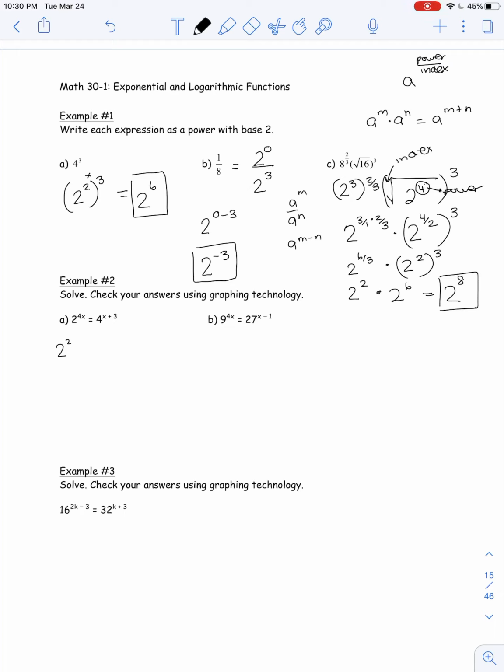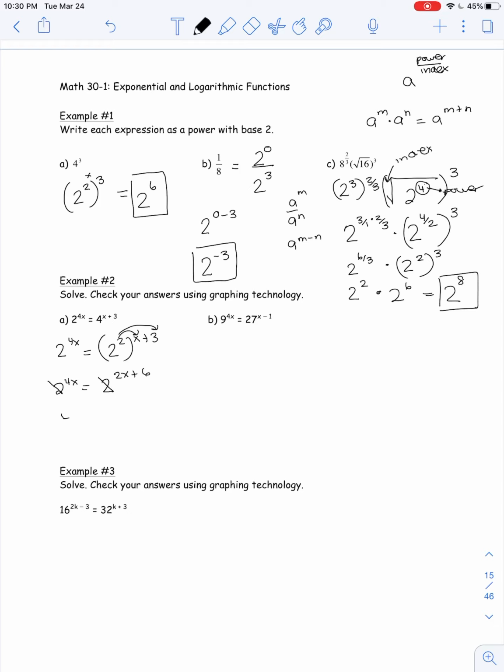So 2 to the power of 2, 2 is already the base that we need, so that stays the same, but the 4 will be 2 to the power of 2. x plus 3 goes outside of the bracket, then you're going to distribute that 2 to all the numbers afterwards. So the left side stays the same, but on the right side you're going to have 2 to the power of 2x plus 6.